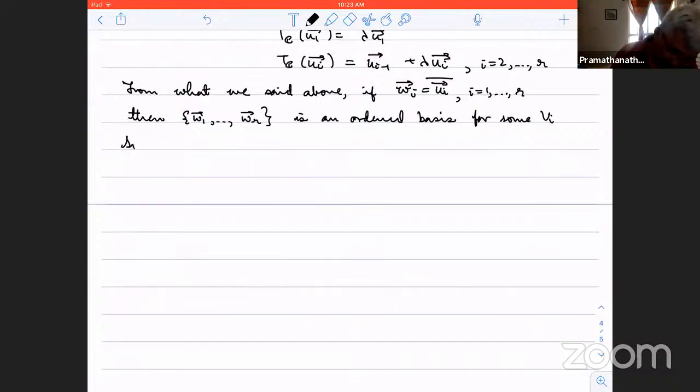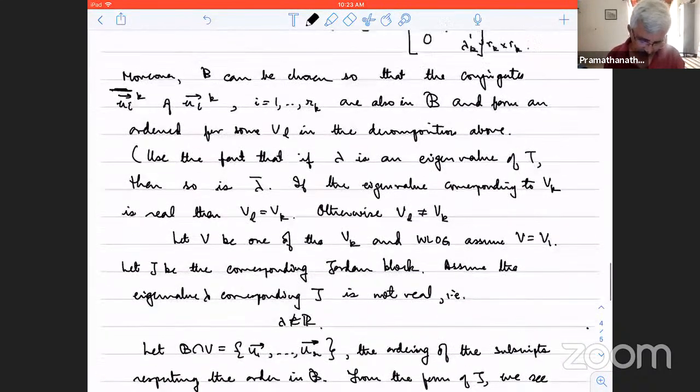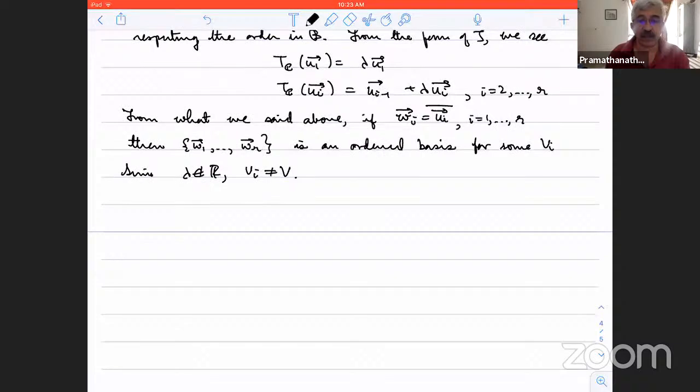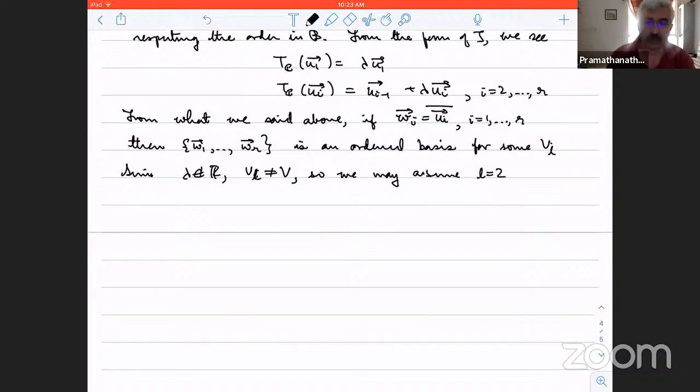Since lambda does not belong to R, Vi is not equal to V. V is the eigenspace, yes. So Vi is not equal to V. We may as well assume it is some VL, with L equal to 2.